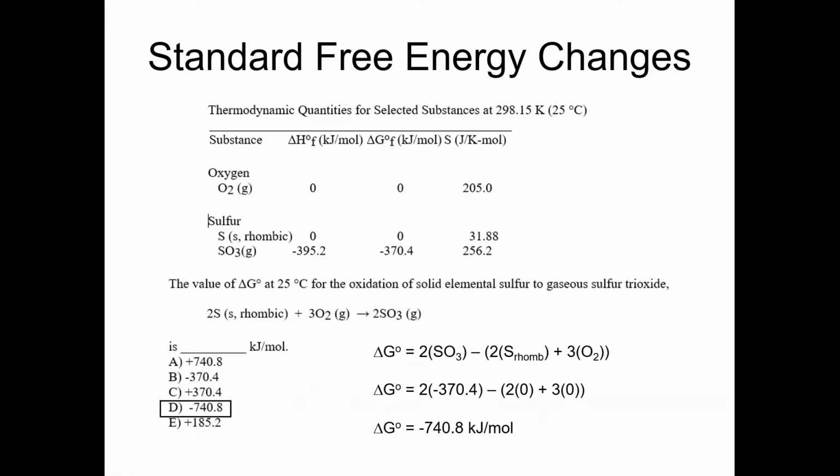Now, there's something really important to understand about delta G for a reaction, and that is that the values of delta G are very sensitive to temperature. We could do this calculation in this way, just taking the delta G values out of the table, because it was asking us for the value of delta G at 25 degrees Celsius.